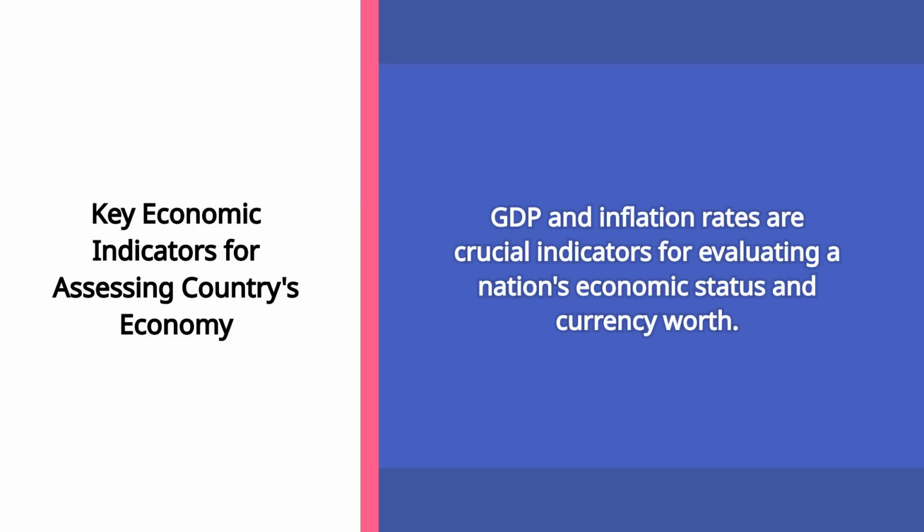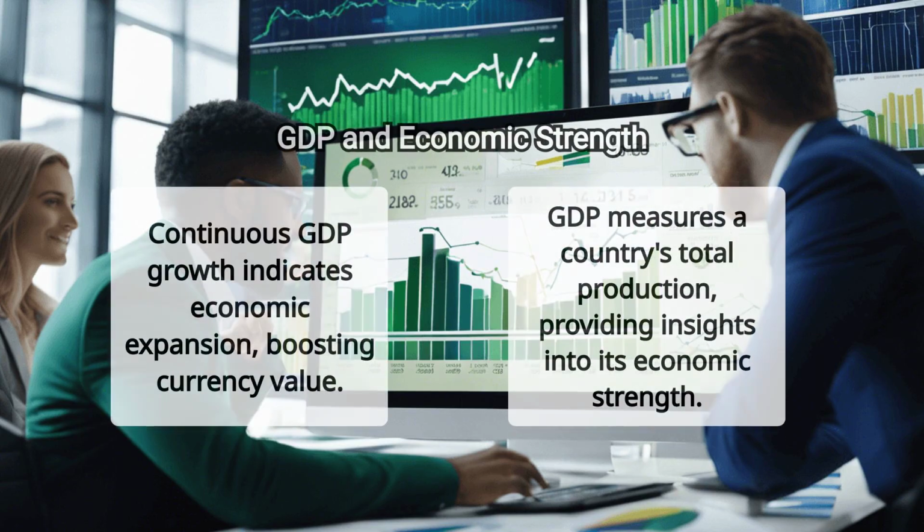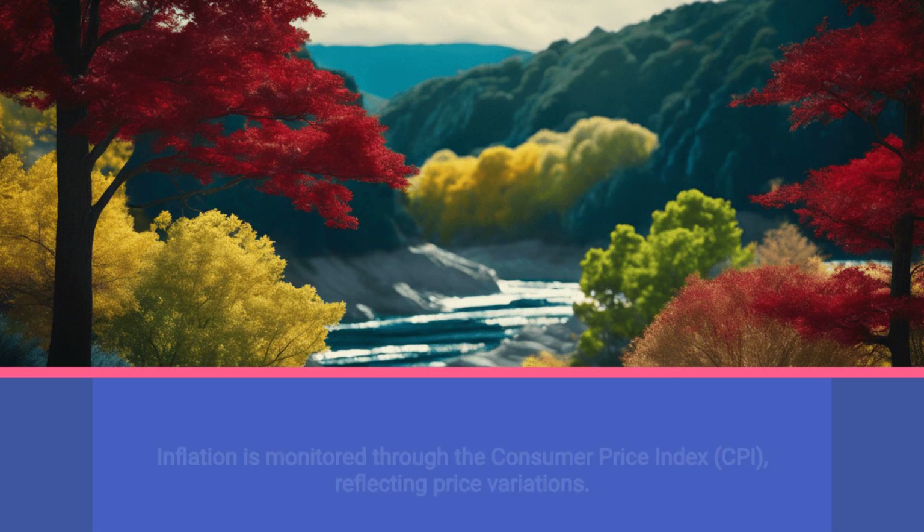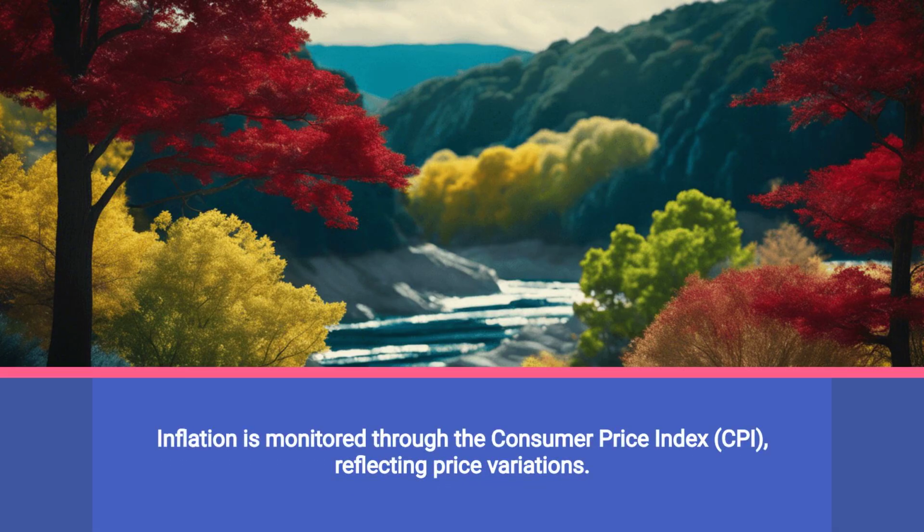These metrics help traders assess economic health and currency value. GDP measures a country's total production, providing insights into its economic strength. Continuous GDP growth signals economic expansion, often boosting currency value, while a decline indicates recession risks. Inflation tracks price changes over time using measures like the Consumer Price Index, CPI.